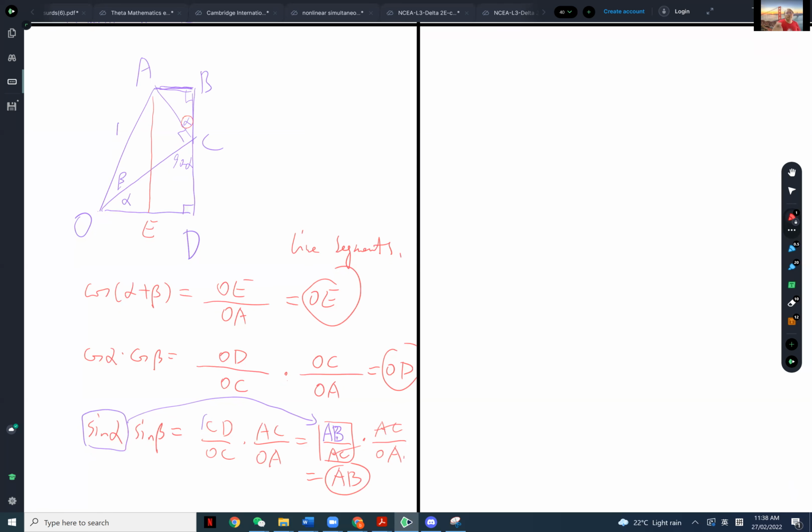Guys, try to use the connection between OE, OD, AB.